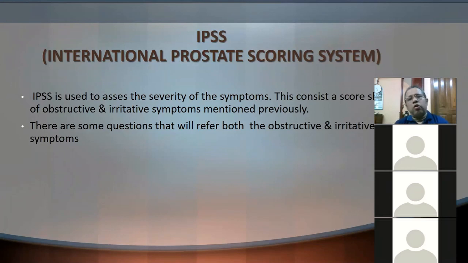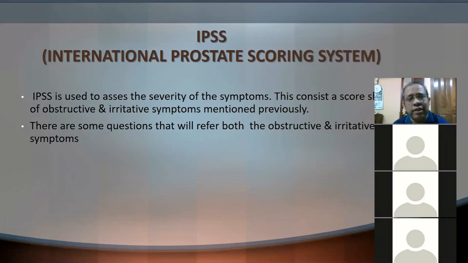Now, for the assessment of the prostatic symptoms, there is a scoring system which is called IPSS, that means International Prostate Symptom Score. It is used to assess the severity of the symptoms. This consists of a score sheet of obstructive and irritative symptoms mentioned previously.